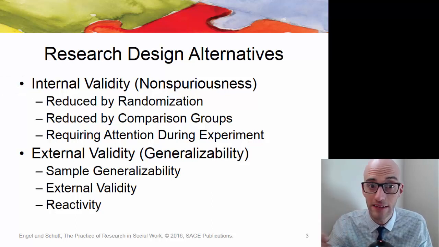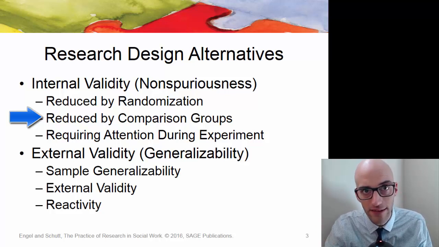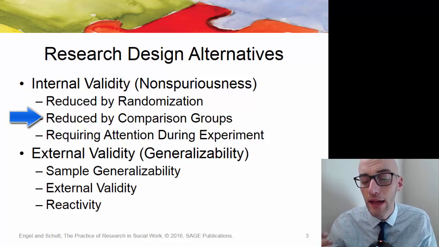Another way to improve validity is by having a comparison group. If we're only testing a hypothesis with one group, maybe introducing an intervention and seeing how a group of people respond to that intervention, we could say, yeah, by implementing this intervention to improve study habits, we can clearly see that this group has improved their GPA overall.